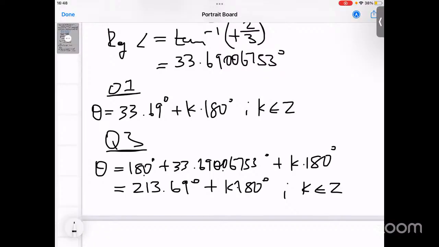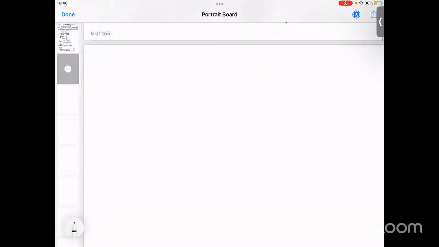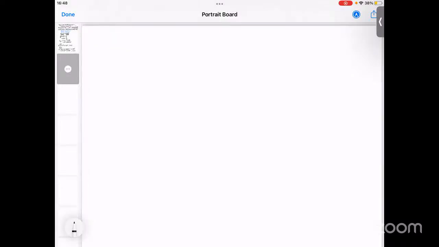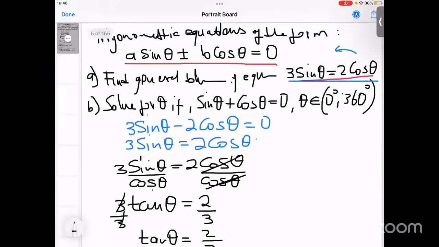Okay, so now let us jump on to this one. So the second problem they say, solve for x if sine angle plus cos angle equals 0, not equals, but it's a plus in between.